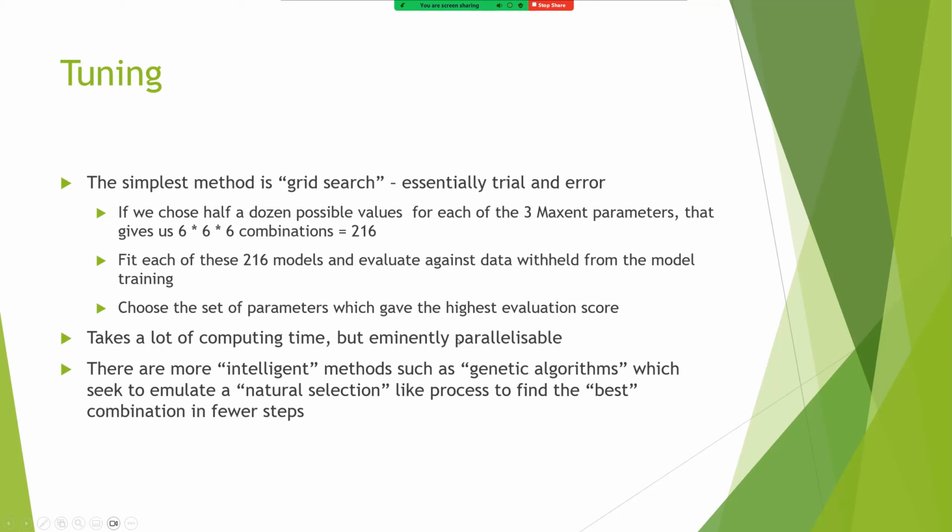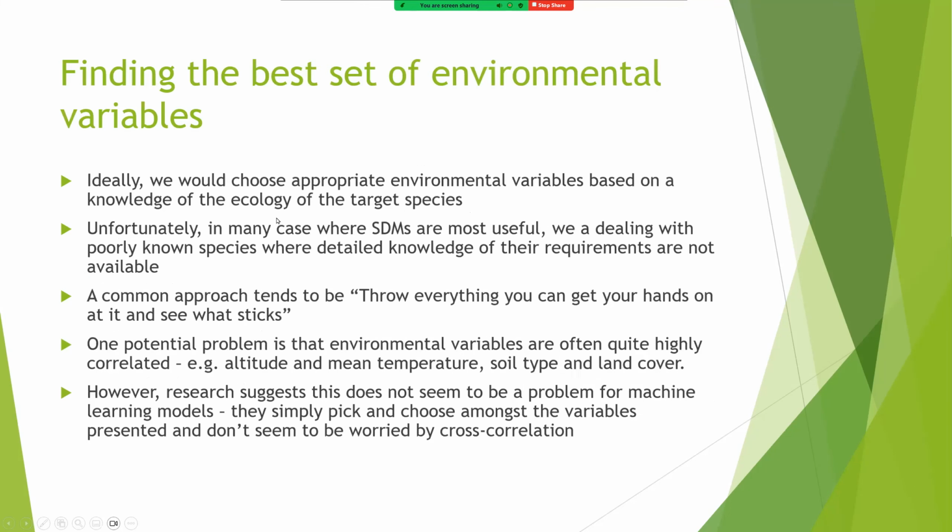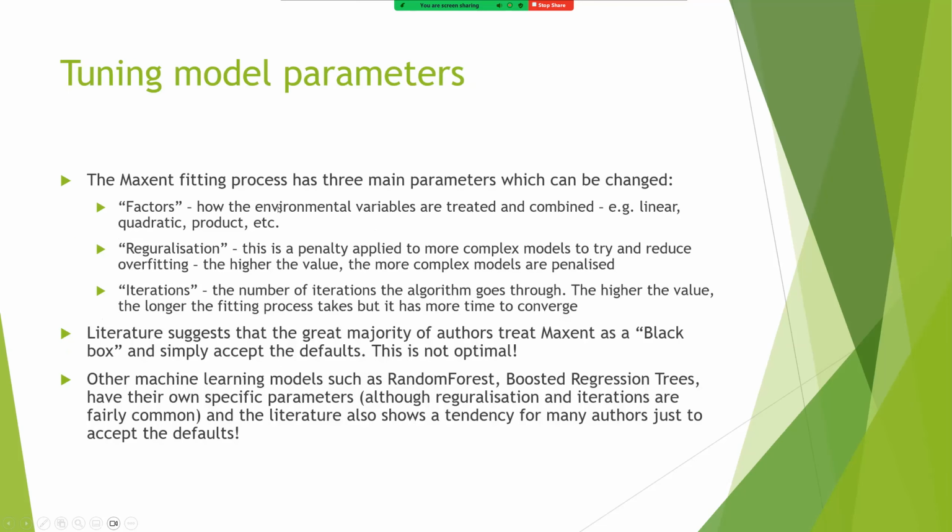But it is very parallelizable, by which I mean that if you've got multiple CPUs in your computer, it can run a separate model on each of those CPUs. And so my particular computer has 12 CPU cores in it. So potentially it could run 12 models at the same time, hence reducing the overall time.